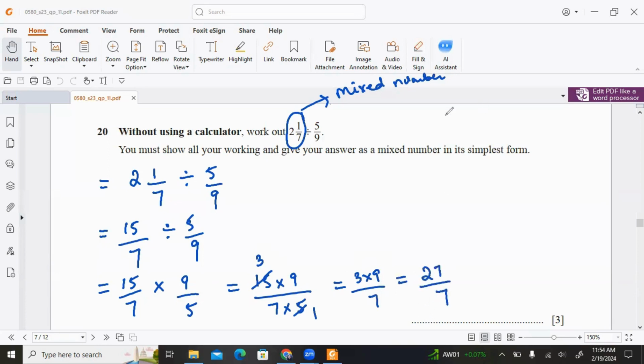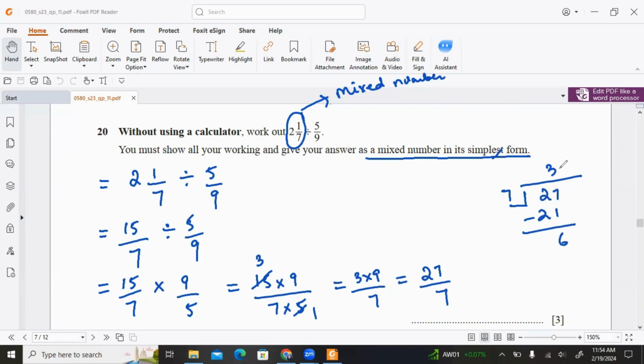27/7. Now it's saying give your answer as a mixed number in simplest form. So now we convert this improper fraction into a mixed number by dividing 27 by 7. We know that 7 times 3 is 21. So that's the highest number we can go with. And 27 minus 21 is 6.